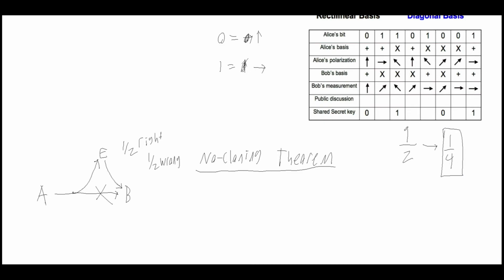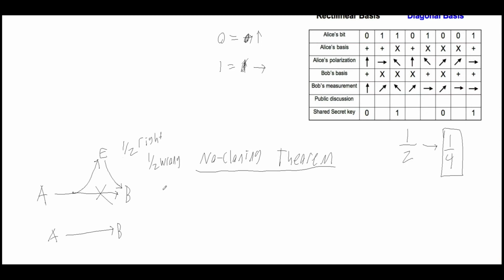So if Alice and Bob see that they're only agreeing 1/4 of the time rather than one half, then they know they're being listened to, and they can just scrap the whole thing and then maybe change to a different frequency to try sending their keys to each other. They can redo that until they find out that they are not being listened into by Eve.